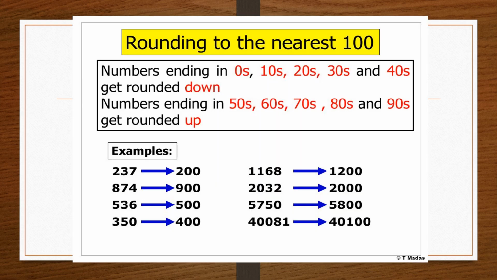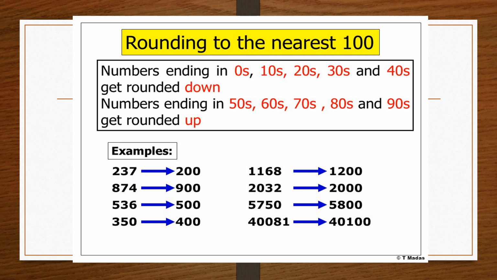Now let's see some examples. Rounding to the nearest 100. Numbers ending in zeros, tens, 20s, 30s and 40s get rounded down. Numbers ending in 50s, 60s, 70s, 80s and 90s get rounded up.